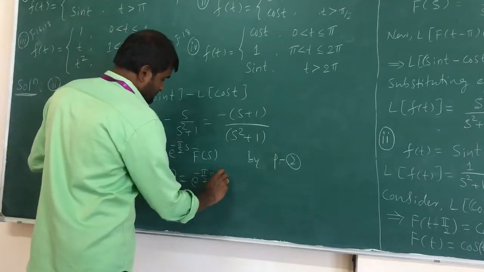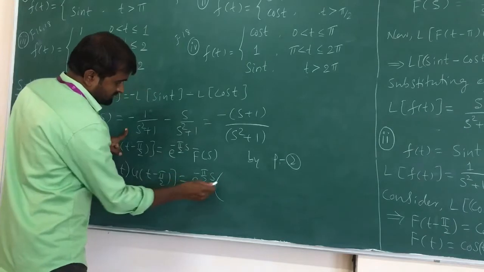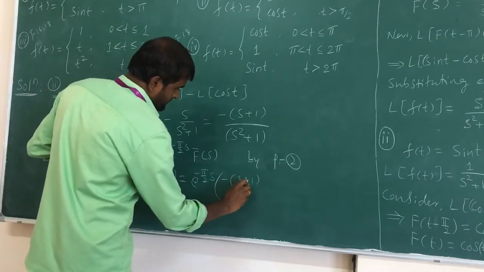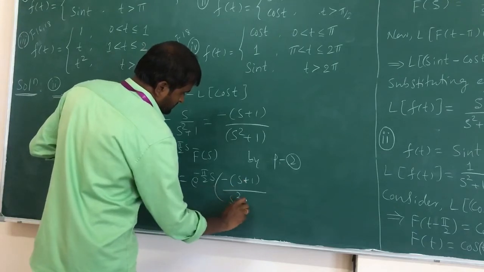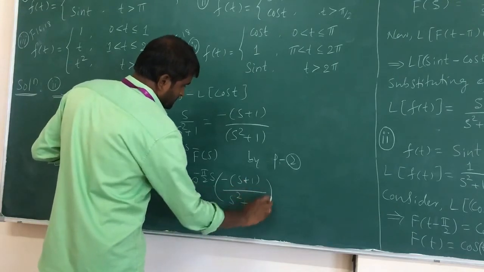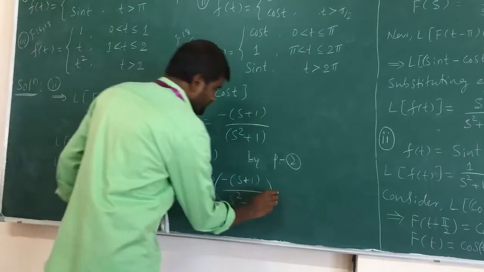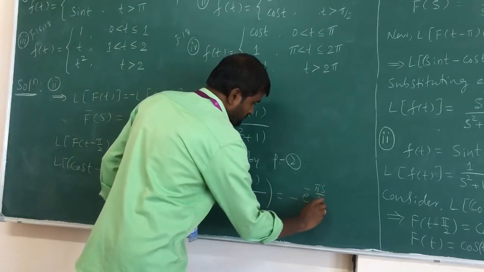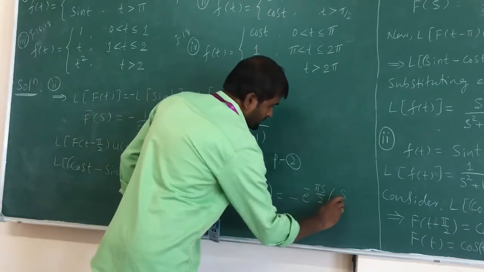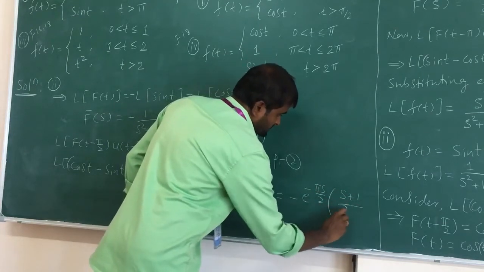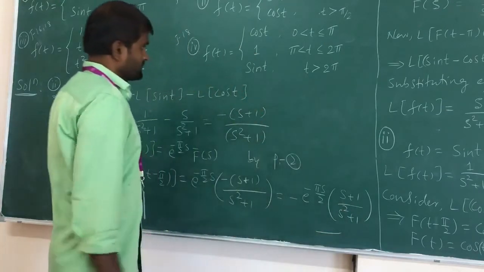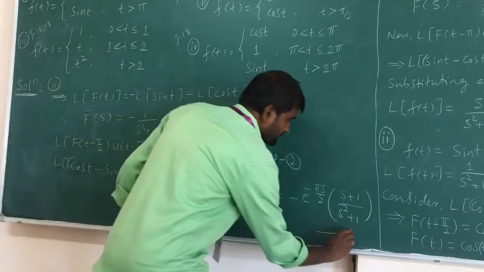So minus, we can take minus of (s plus 1) whole divided by s square plus 1, or which is equal to minus of e raised to minus pi s by 2 into (s plus 1) by s square plus 1. All this is equation number 2.